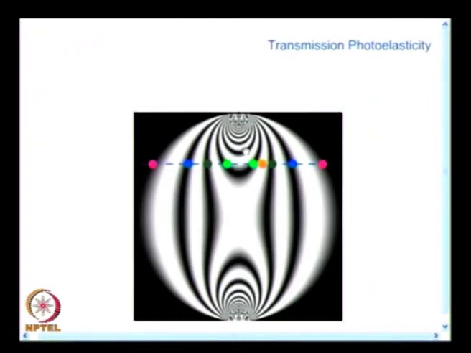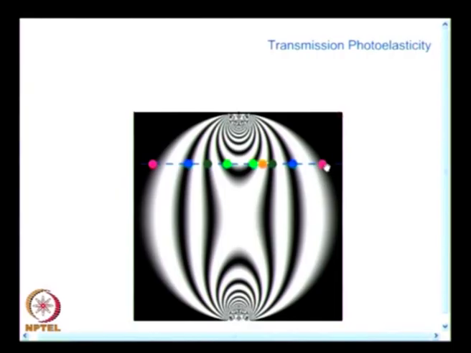So, what I have here is I have fringe order 0, 1, 2, 3, this is 3, then 2, 1 and 0. This I have been able to find out because I know for sure in the case of a circular disc, the outer boundary is 0th fringe order. This information is known.